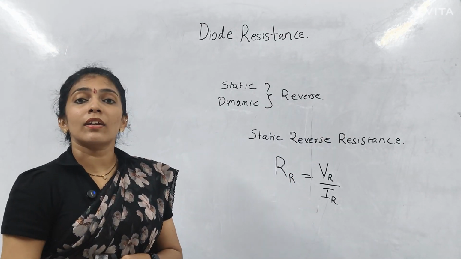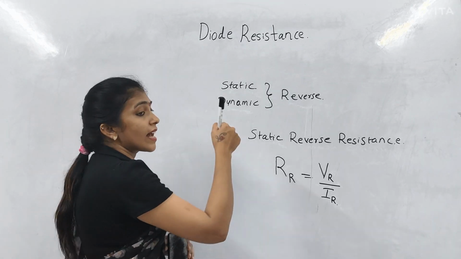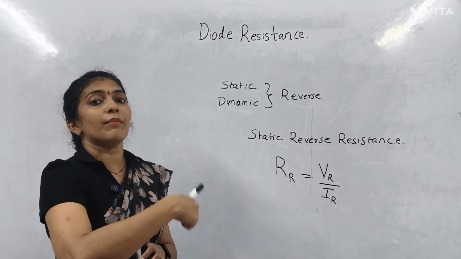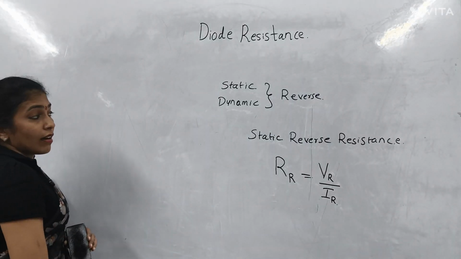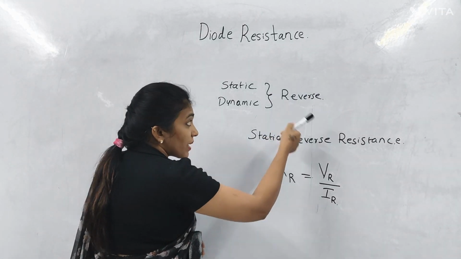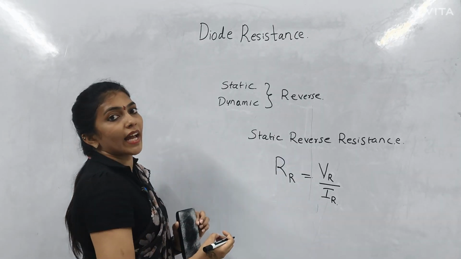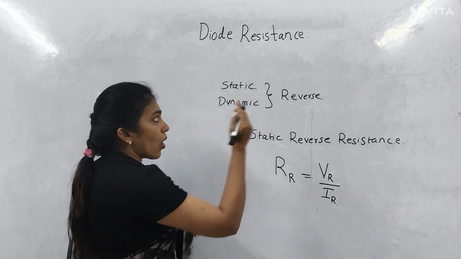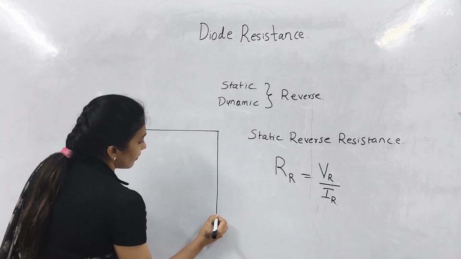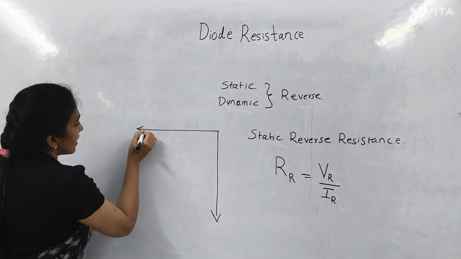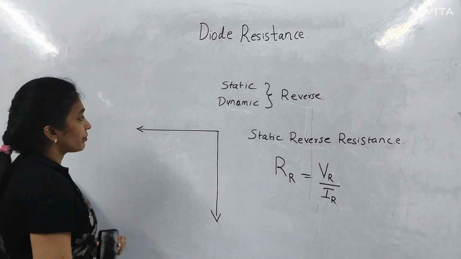But we need to calculate static resistance and dynamic resistance from the graph, from the characteristics. What type of characteristics? In the previous class, we took only forward characteristics. Now we are talking about reverse, so we take the reverse characteristics of a diode.